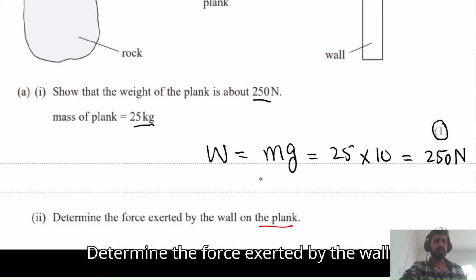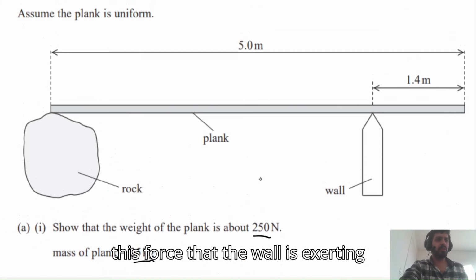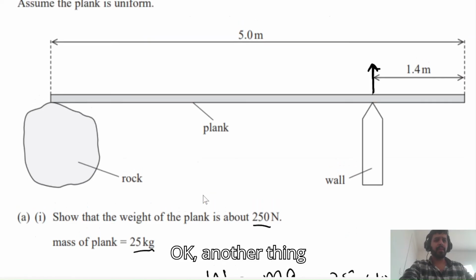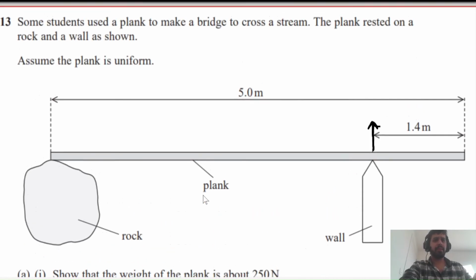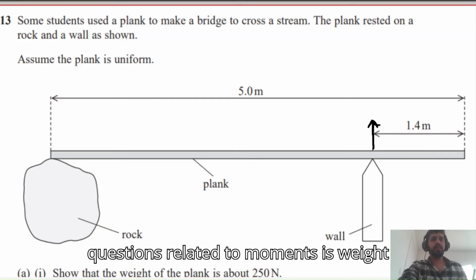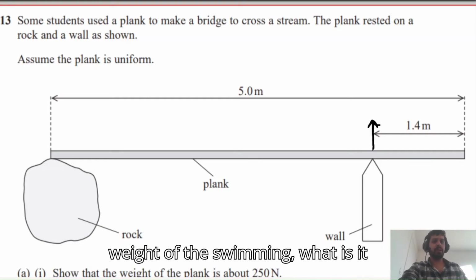The second question is the main question related to our topic, moments. Determine the force exerted by the wall on the plank. So they are talking about this force that the wall is exerting on this plank. Another thing that you have to use very often in questions related to moments is weight of something, right? Weight of the plank, weight of the swimming, what is it called?